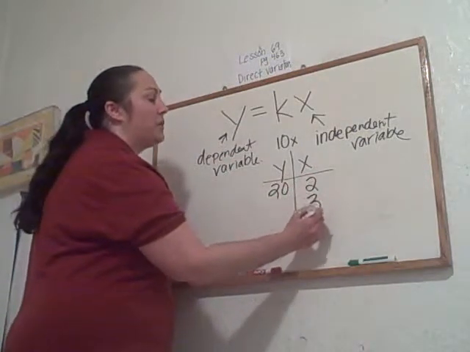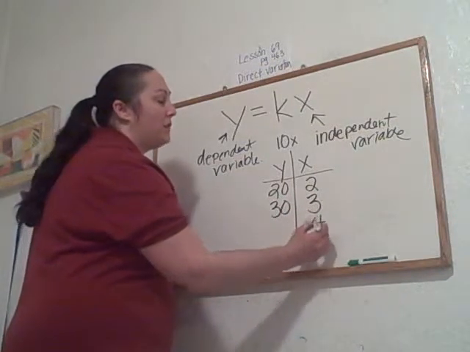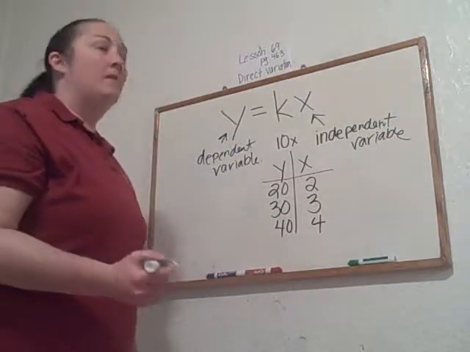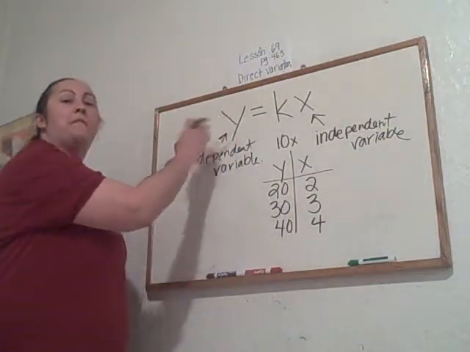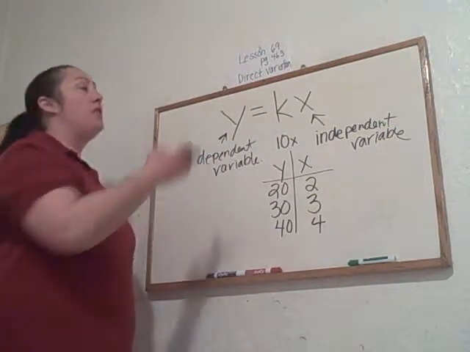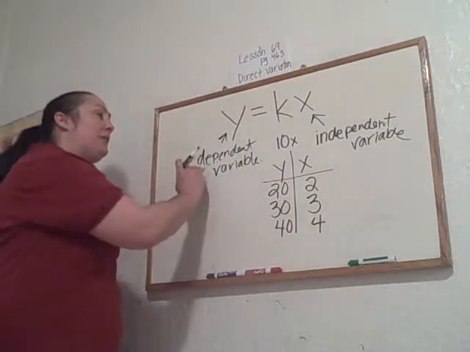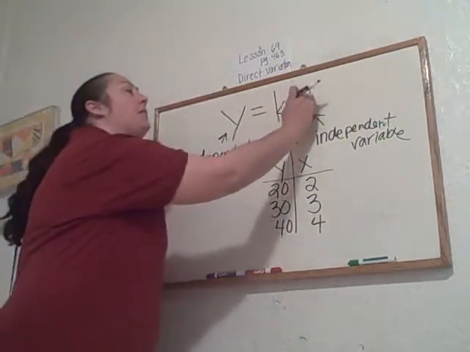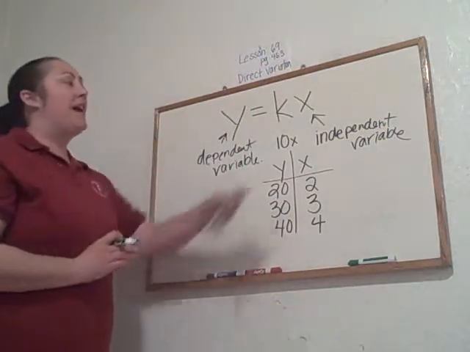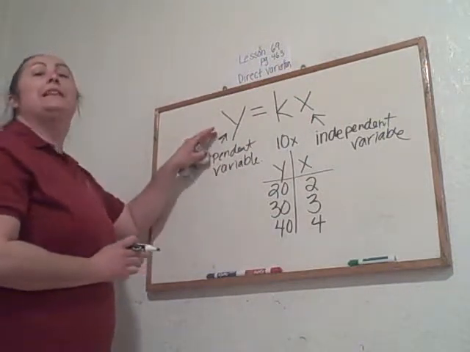And if I've worked for 3 hours, then I've made $30. And if I've worked for 4 hours, then I've made $40. The amount of money that I make varies directly with how many hours I work. The more hours I work, the more money I make. It depends on how many hours I work as to how much money I make. That's why this one is independent and this one is dependent.